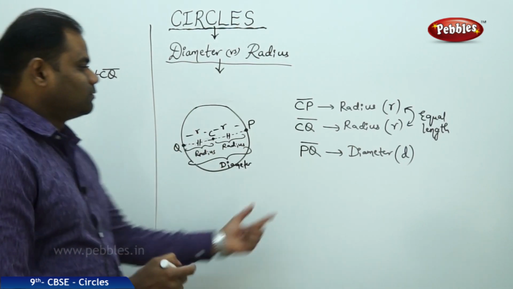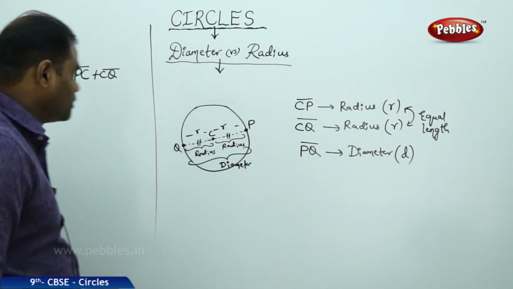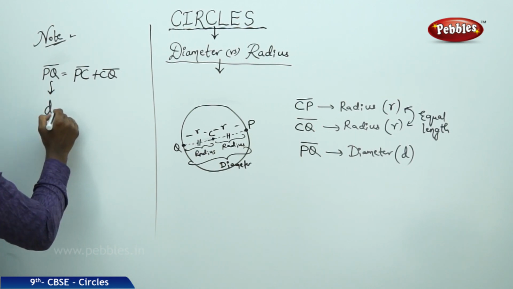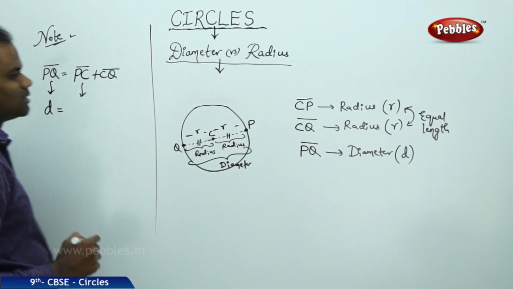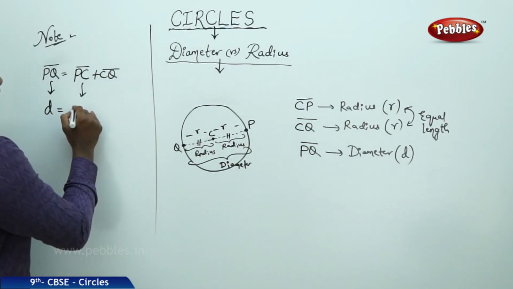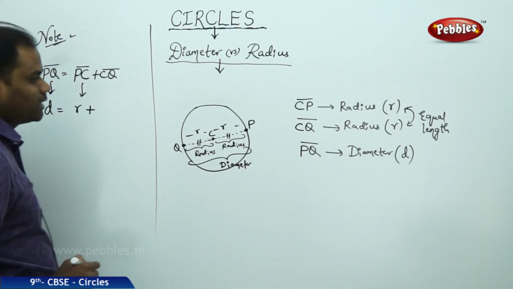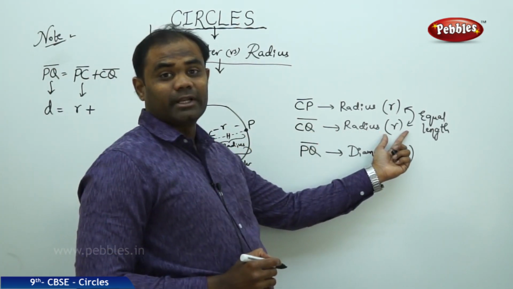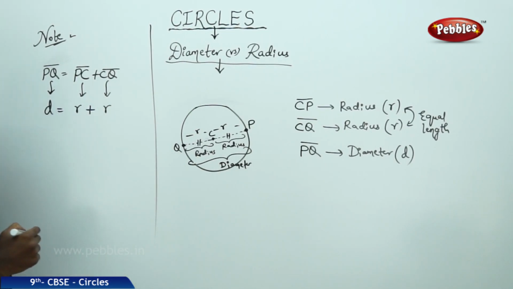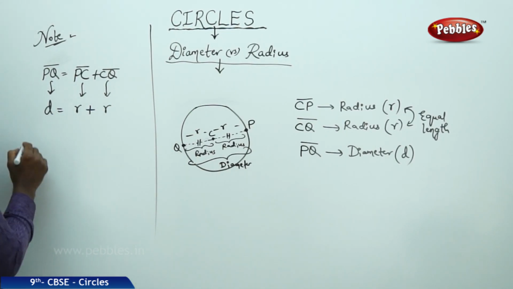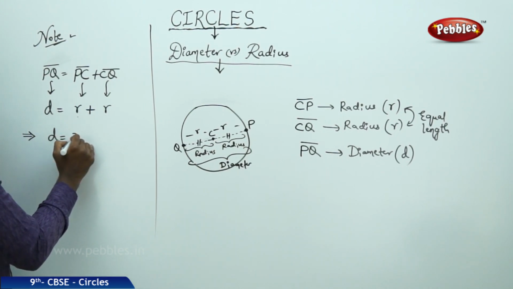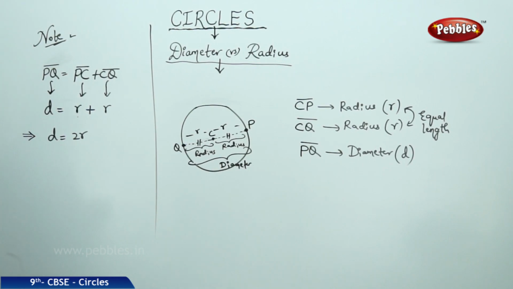So my PQ, which is d, is substituted with d in place of PQ. And then my PC or CP is clearly the radius, which is r. And again, my CQ, which is radius r, is substituted with r, which on further simplification gives me d equals r plus r, which is 2r.